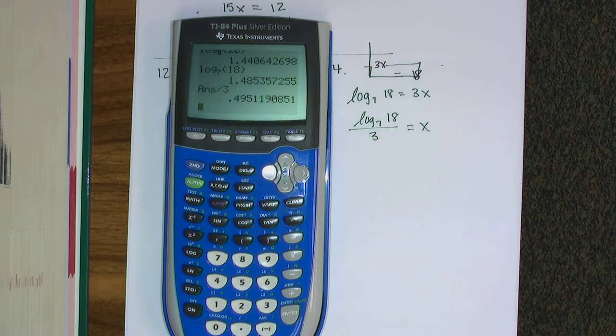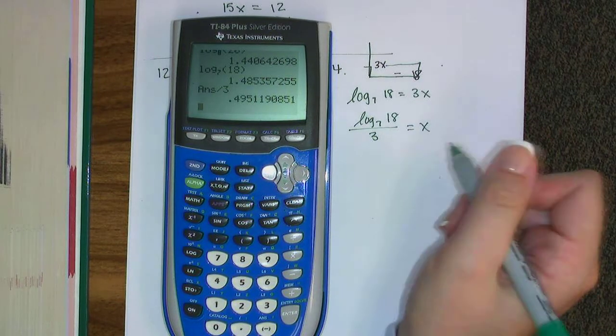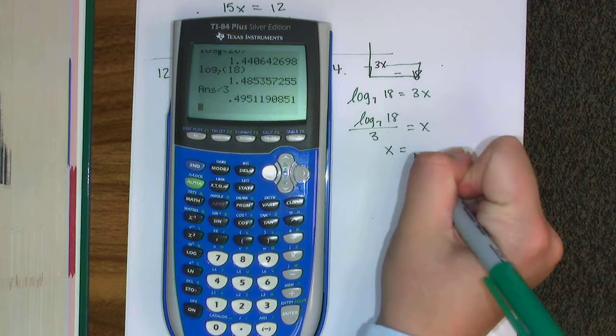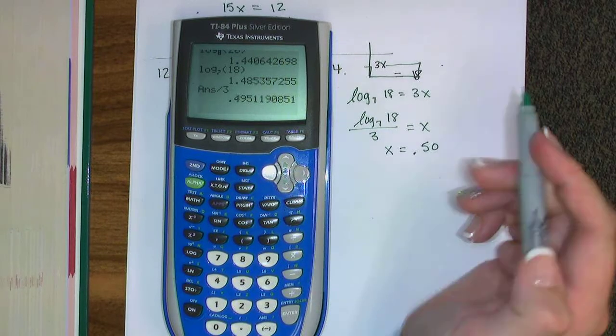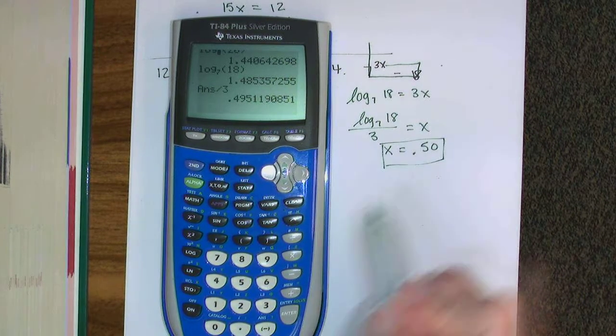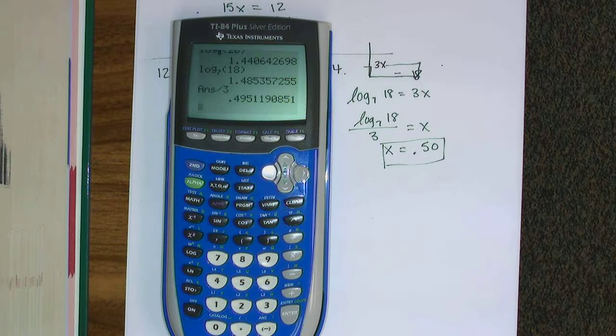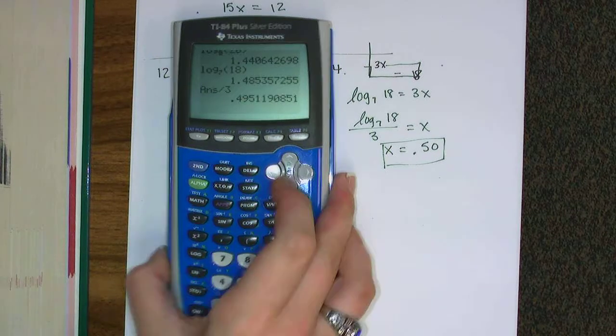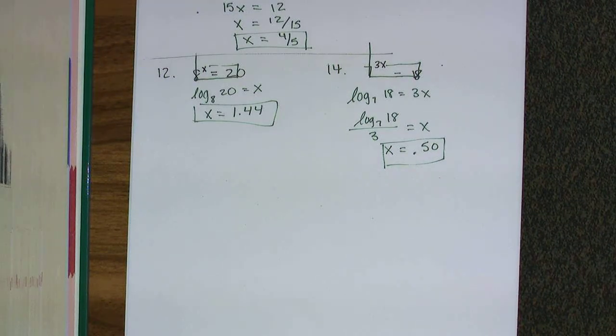X is going to be equal to about 0.50, because of that rounding thing. Let's go with 18, and that'll be our last one out of this section, and then we'll go to solving logarithmic equations.